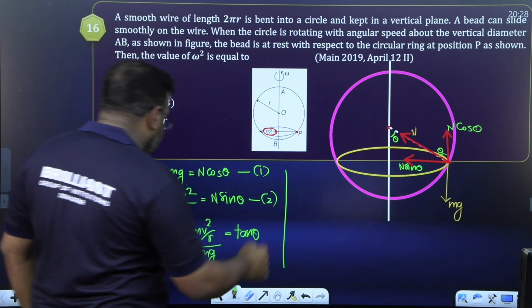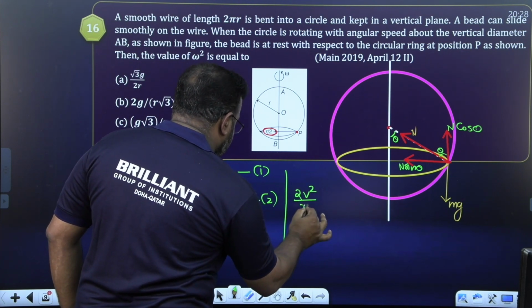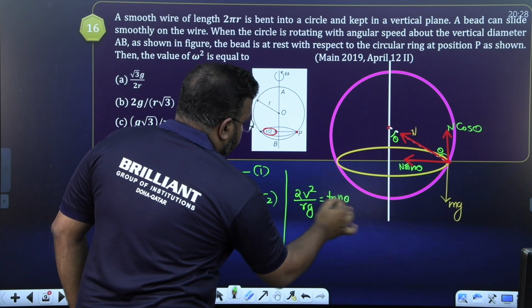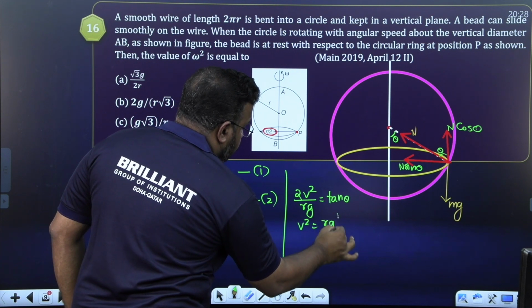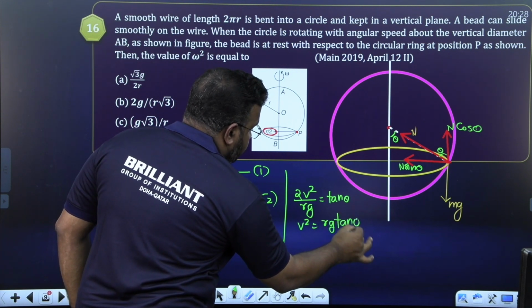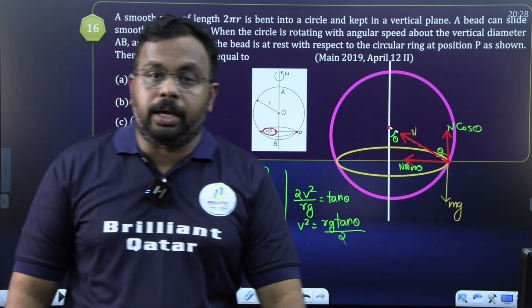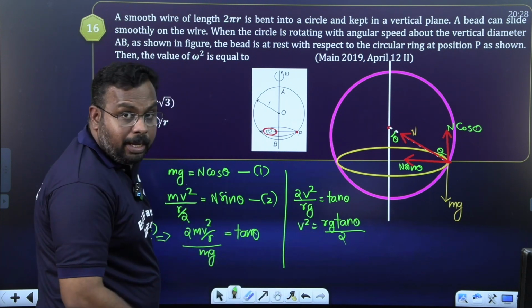Now m got cancelled. We get 2 into v square by rg is equal to tan theta. V square is equal to rg tan theta by 2. Is that okay? Now we need omega square value.